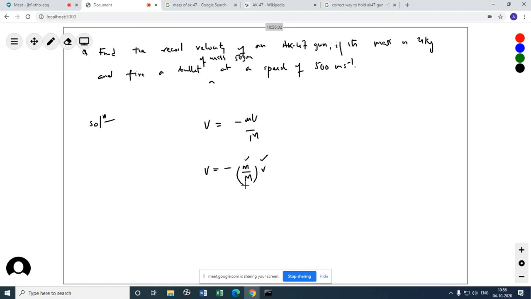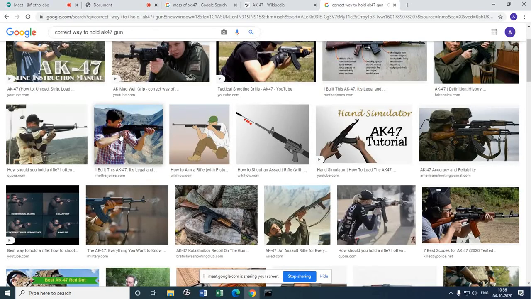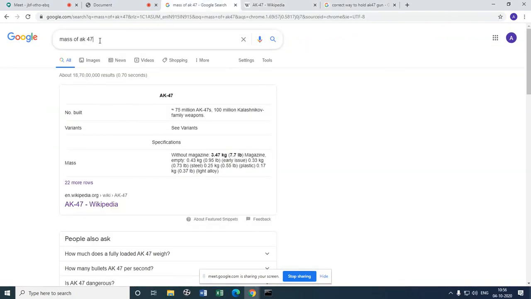One thing you can increase to reduce this is M. How can you do that? By holding the gun like this. This gun and your body together, you have increased, you are giving your mass onto the gun. If you are not holding it tightly, I will show you, let me find out.